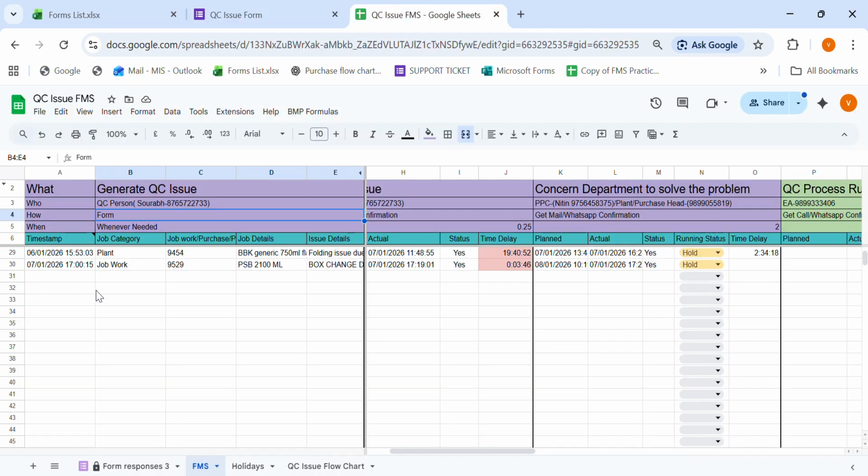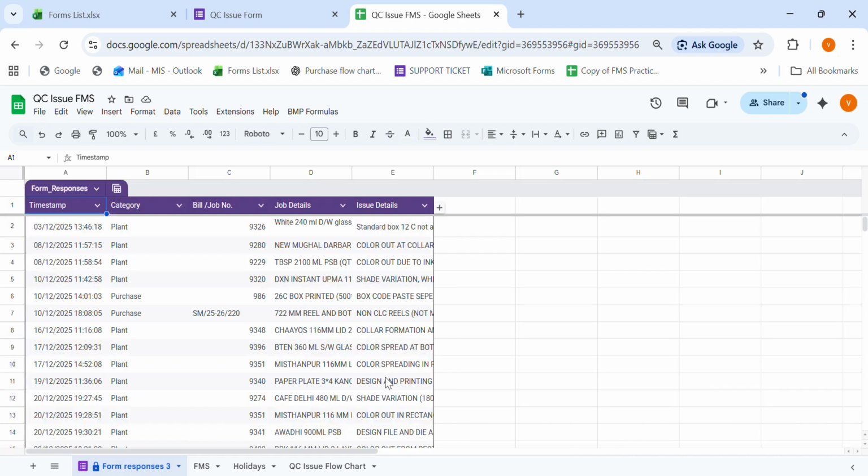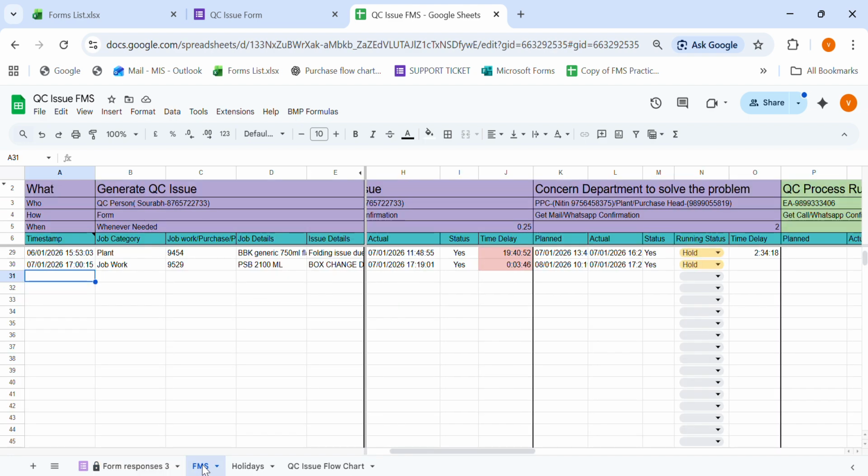The basic information of the form is entered here. That information is fetched from the form sheet. Here is the form sheet. That is the necessary information which is accessed by the FMS, and that is the first step.